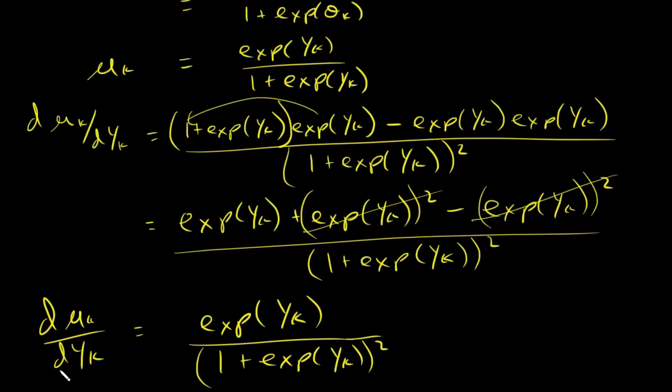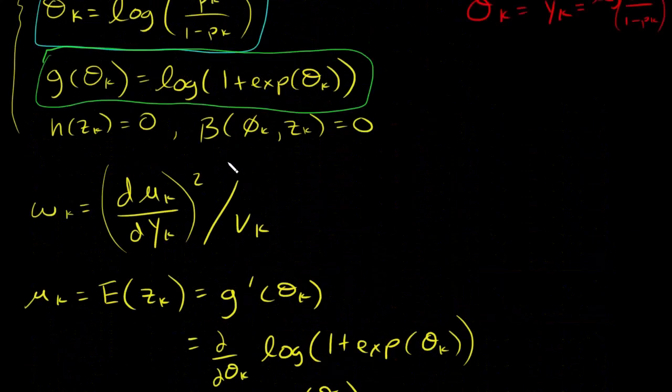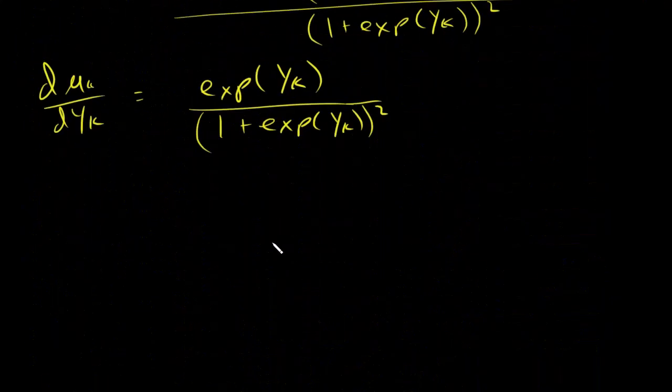I'm halfway there, right? Because this formula has this squared and then divided by v. So I just need to figure out what v is. All right, so vk equals the second derivative of g with respect to theta k. Okay, so if you're like, where did I get that from?